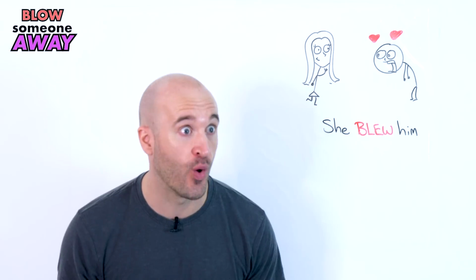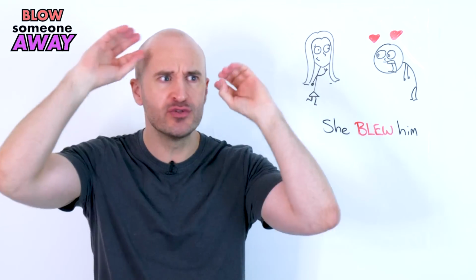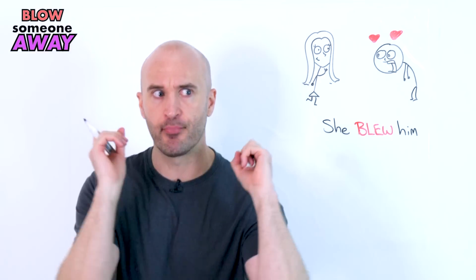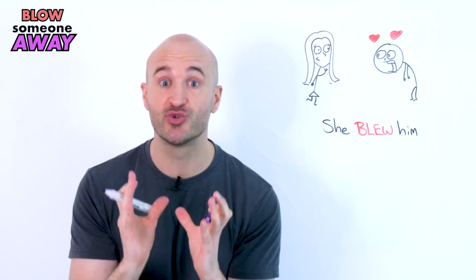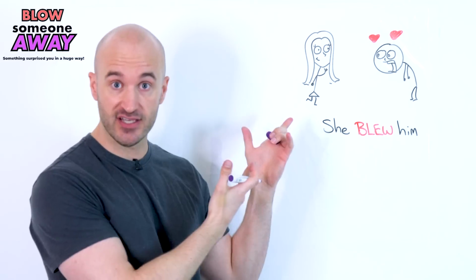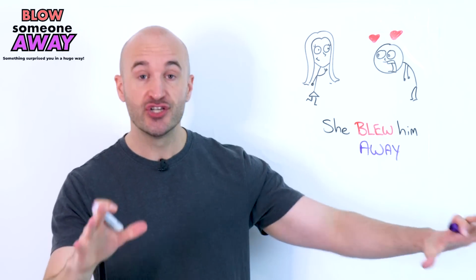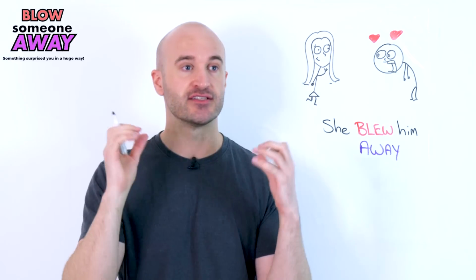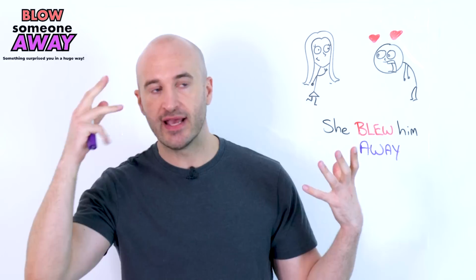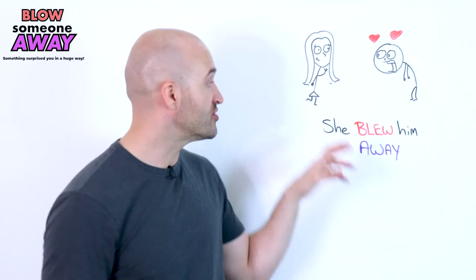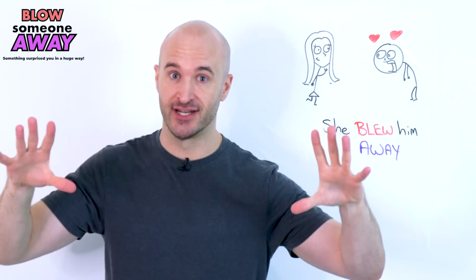You're like, "Wow, you're amazing. You totally..." To say someone surprises you in a huge way, you would say, for example, "She blew him away." She astonished him. She surprised him in a huge way. His life was never the same again. Because to blow is like an explosion.